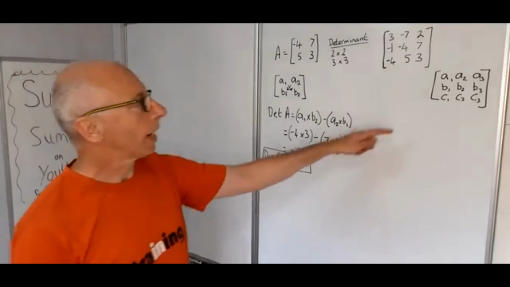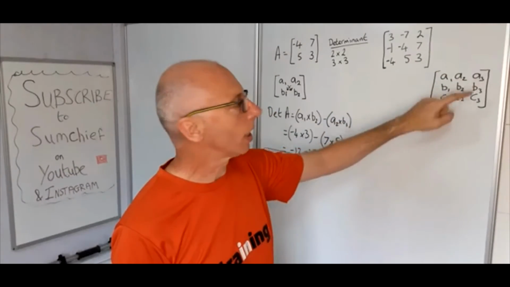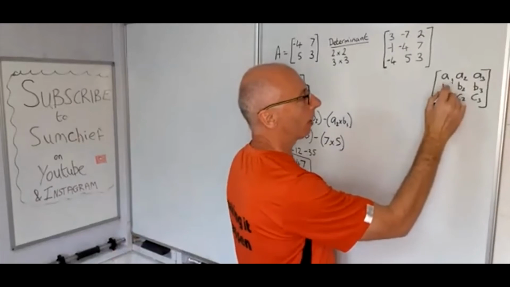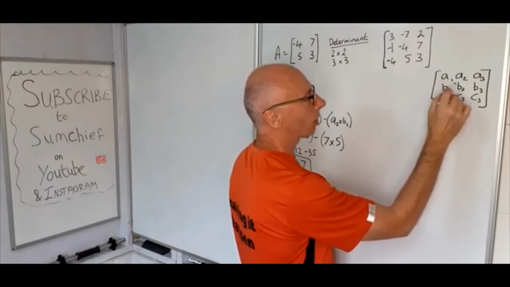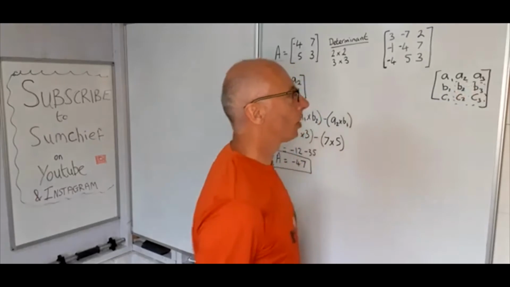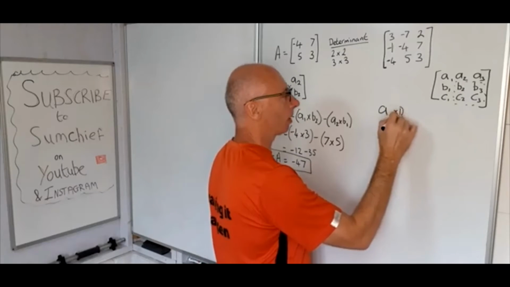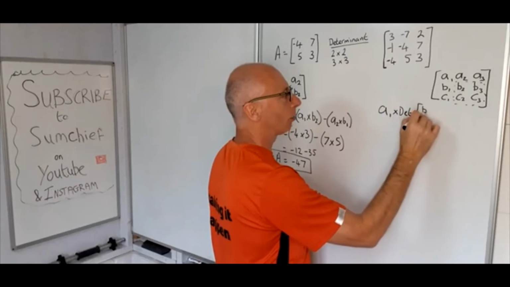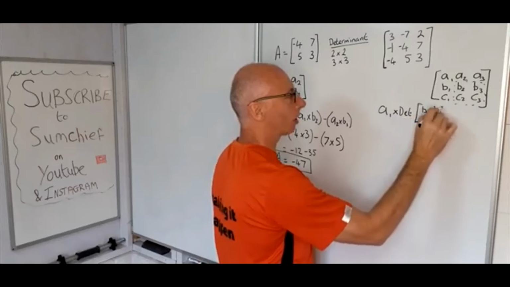Now we take each of the A's, A1, A2, A3, and then find the corresponding matrix in the bottom that's left over. So for A1, we would take this matrix here, so we do A1 times determinant of, and then we put this bracket here, B2, B3, C2, C3.